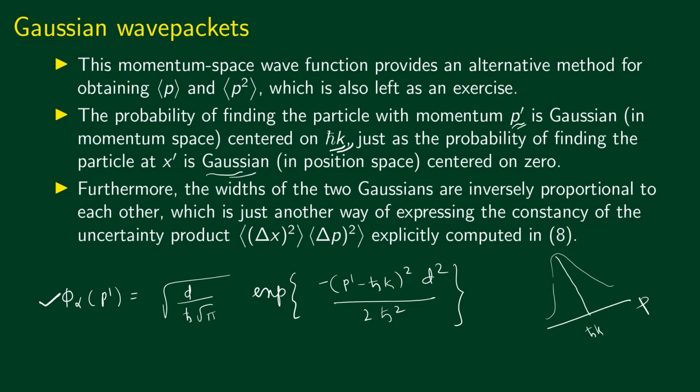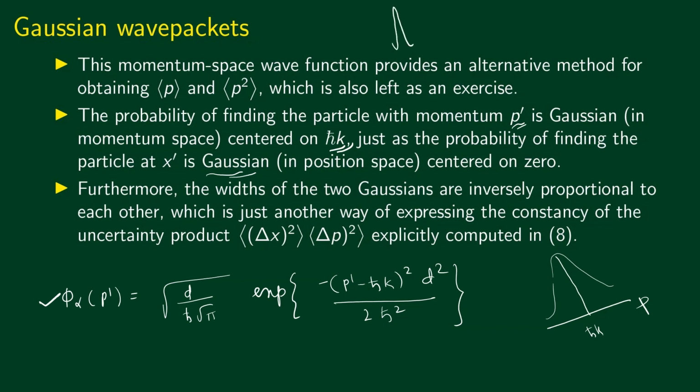Which means that when the position becomes more and more accurate, the momentum becomes more and more uncertain. This is what we are seeing here. Suppose we bring down the width of the position space wave function. It will become peaked like that.